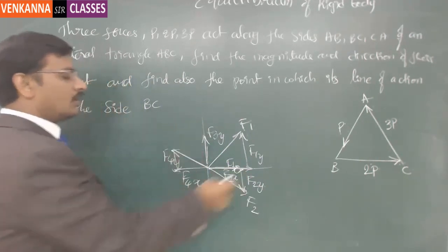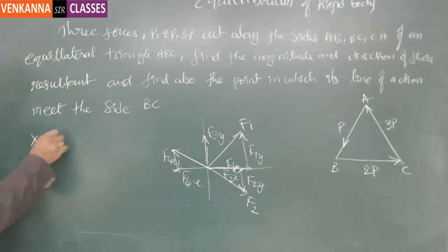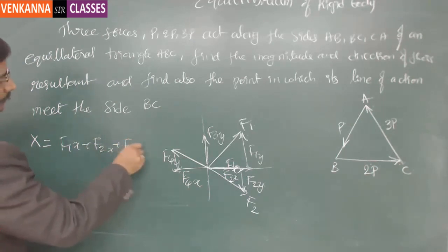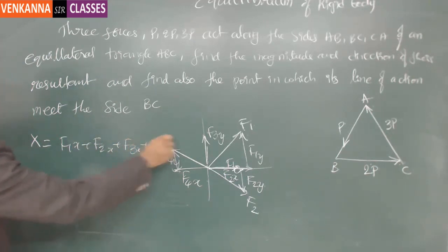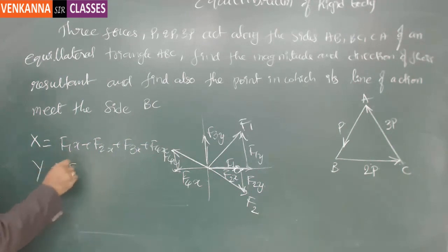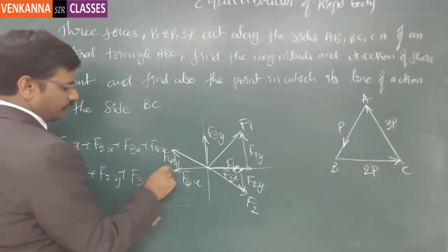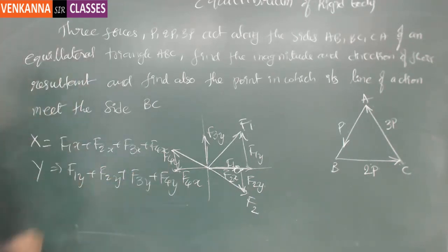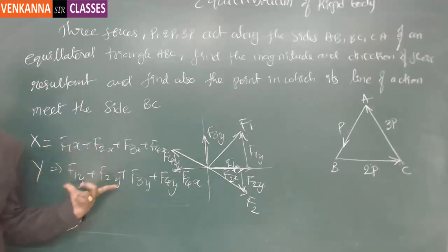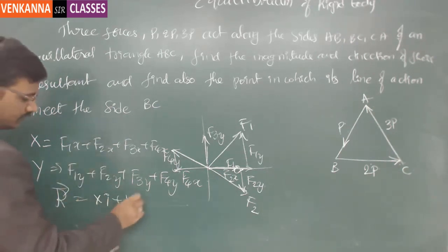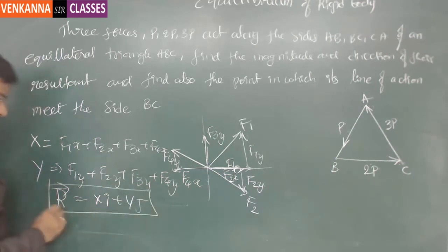Now the sum of all the horizontal components, Rx, is F1x plus F2x plus F3x plus F4x, and similarly Ry is F1y plus F2y plus F3y plus F4y. This is the entire horizontal component and this is the entire vertical component. The resultant can be treated as Rx i plus Ry j. So this is the resultant vector.